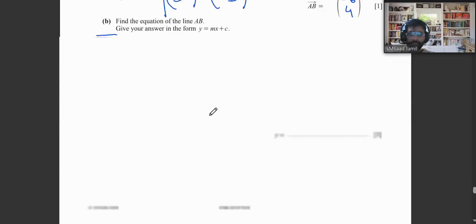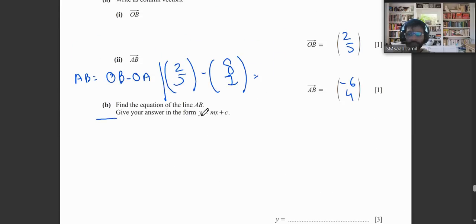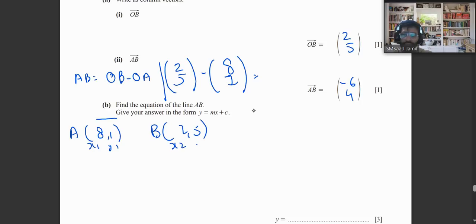We still have a lot of questions. Now it says find the equation of line AB. Give your answer in the form y equals mx plus c. So look, the coordinates of A are (8, 1) and the coordinates of B are (2, 5). So x1, y1, x2, y2.